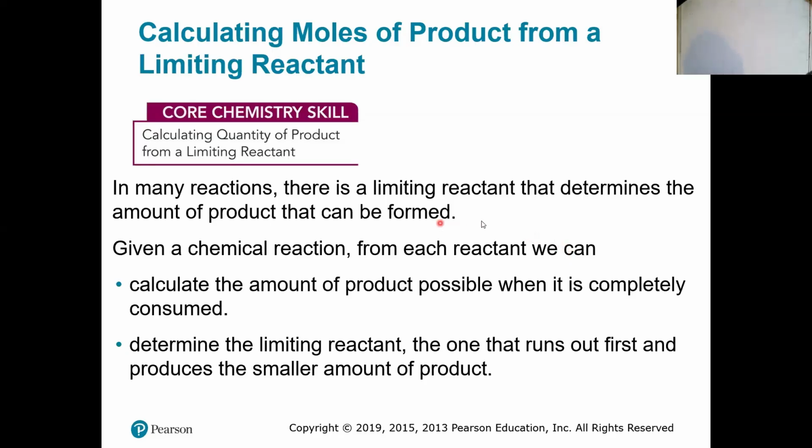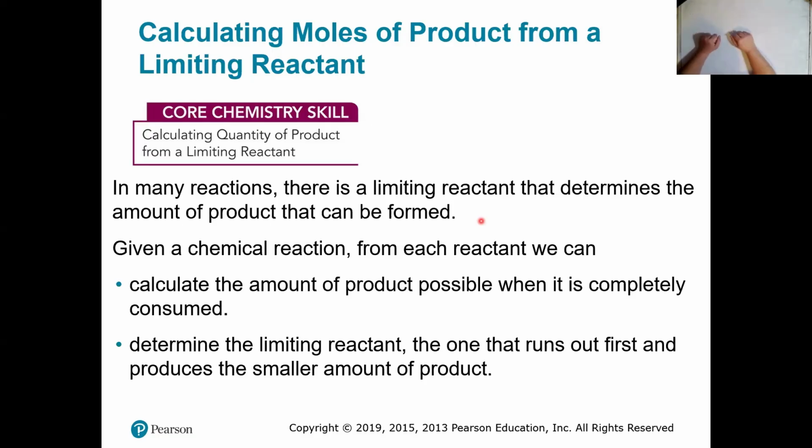So you are going to know that you are looking at a reaction where a limiting reactant might be a possibility when the problem gives you 2 reactant values to work with. If you have 2 reactant values that you're given information about, you have to decide which of those reactant values is going to run out first.